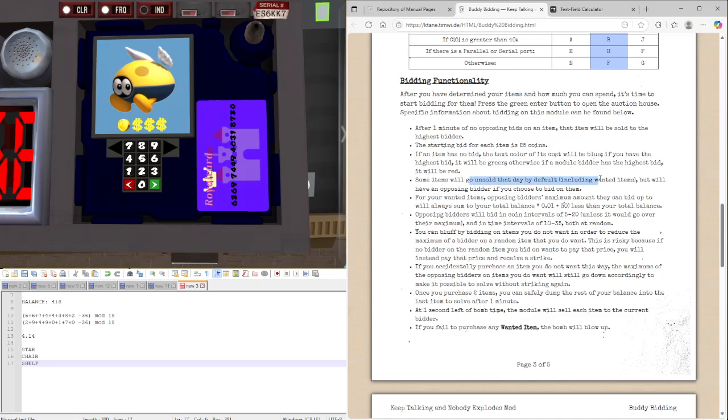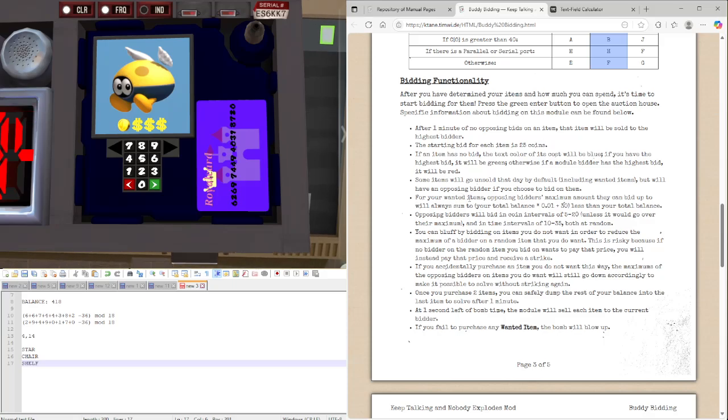Some will go unsold, but will have an opposing bidder if you choose to bid on them. For wanted items, the opposing bidder's maximum amount is always your home bidder times 0.01%. I think this is meant to be 0.05 when I remember saying it, but that's besides the point currently. It will probably still give you a decent amount.